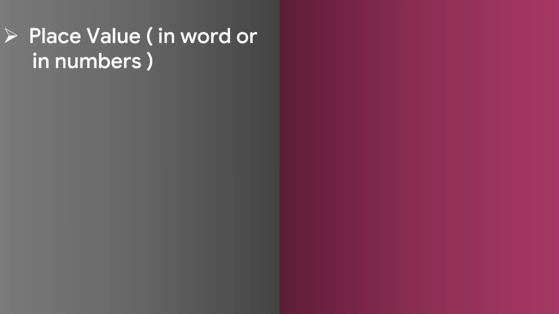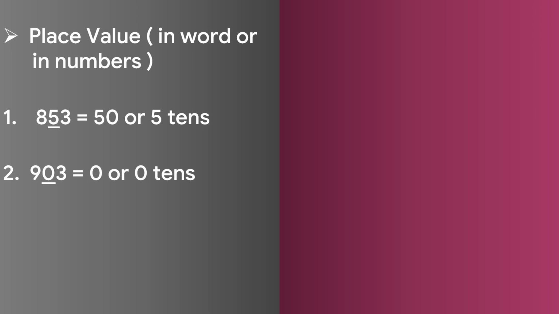Now your next topic is place value. In this you have to write down the place value of the underlined digit in words and in numbers both together. So your first number is 853. In this, below the 5 there is an underline, so you have to write down only the place value of 5.